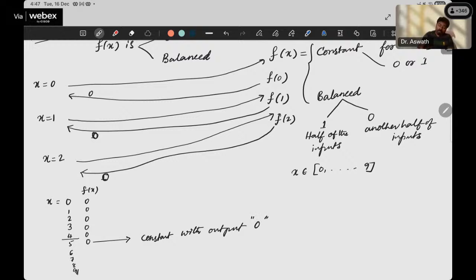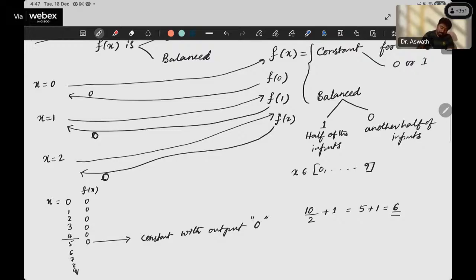So how many attempts are required for her in this case? 10 argument values divided by 2 plus 1, which is 5 plus 1. 6 attempts are required on a worst day for her to determine whether the function is balanced or not.